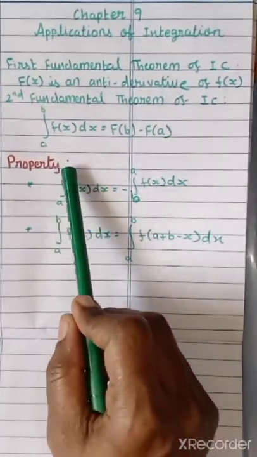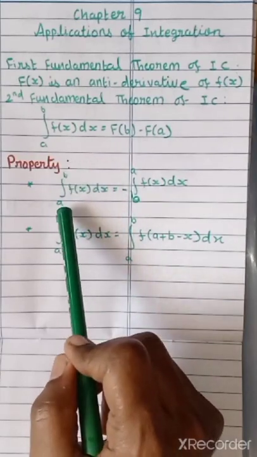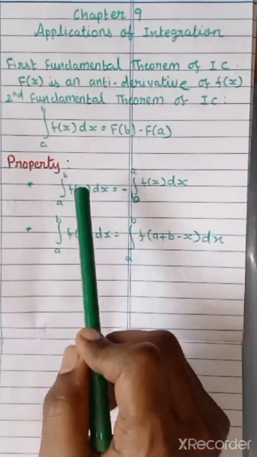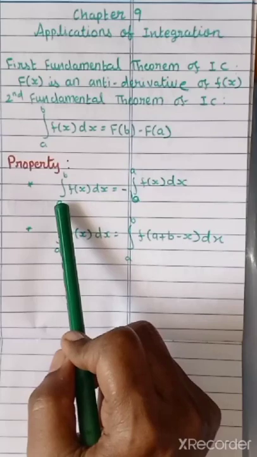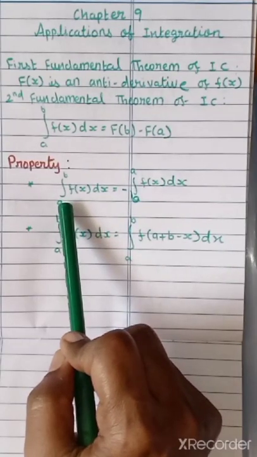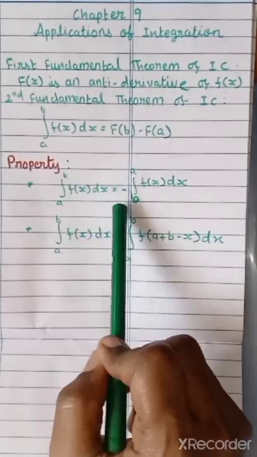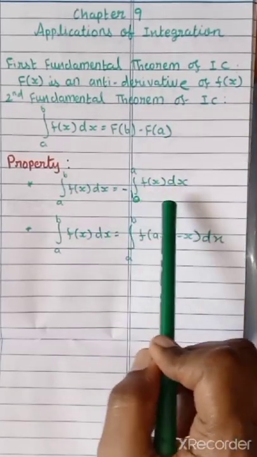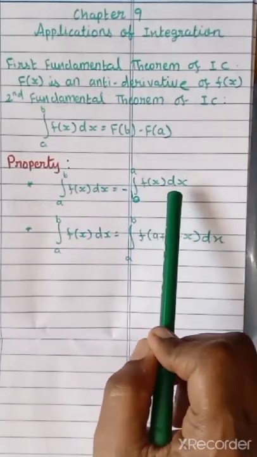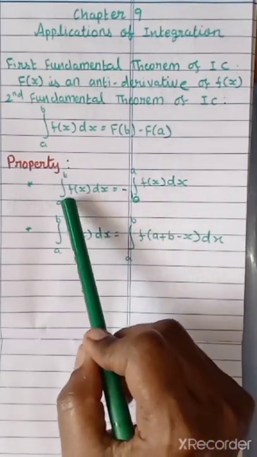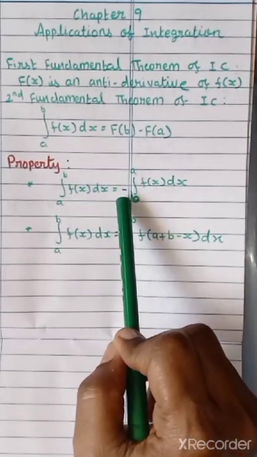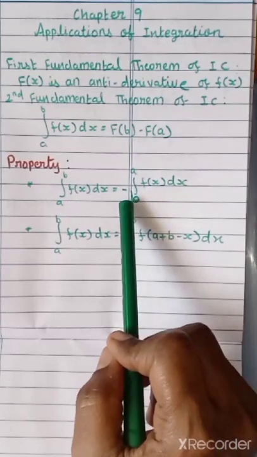If you want to change the limits, what are the limits here? a to b. So if you want to change the limits in any case, we can write this as minus the integral from b to a of f of x dx. So if you want to change the limits, you have to put a minus. That's all. That is your first property.